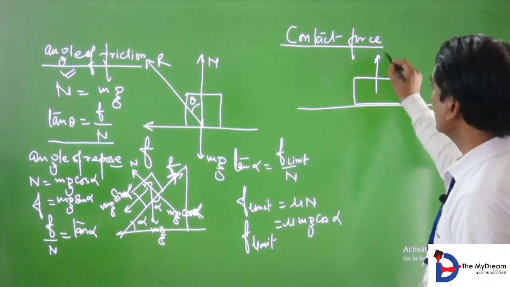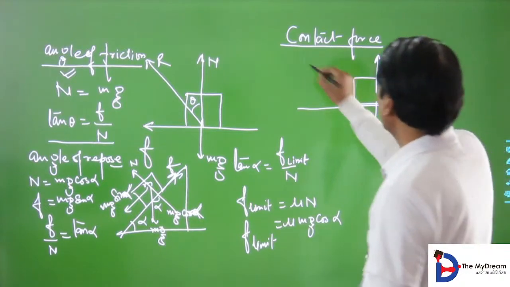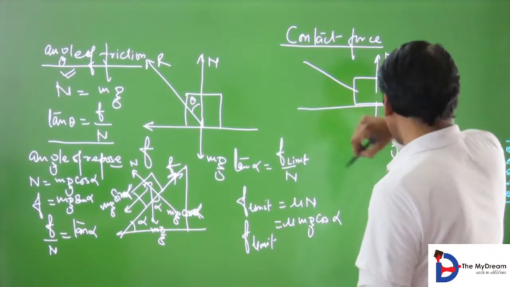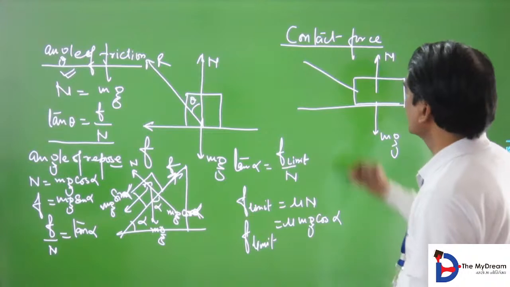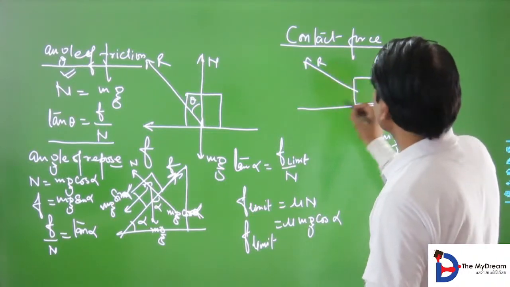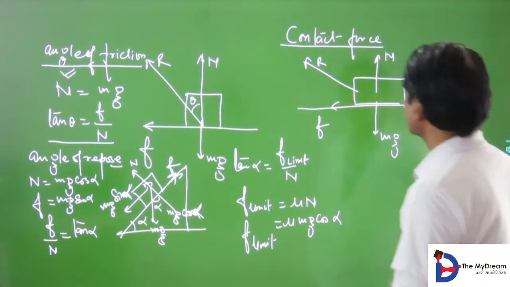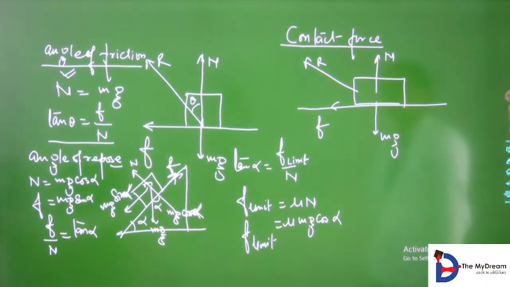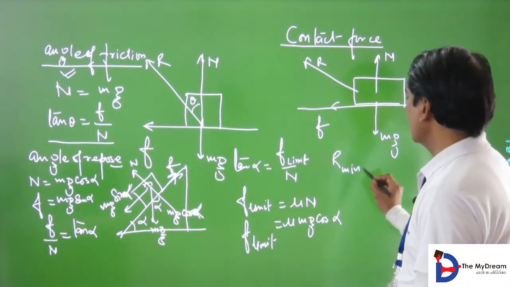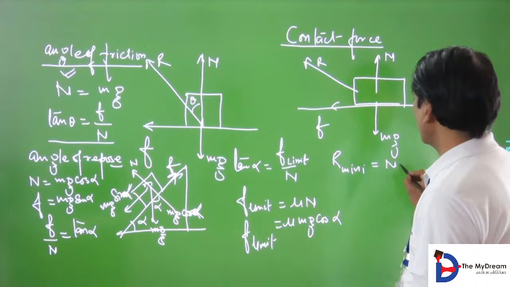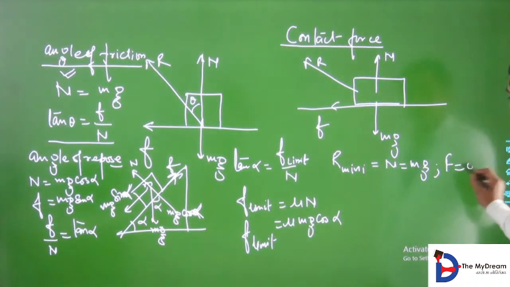This one is the normal, this is the weight, और ये हो गया फोर्स. सो R will be minimum कब होगा? जब N is equal to mg होगा और भाई साहब कोई फोर्स नहीं लग रही होगी.